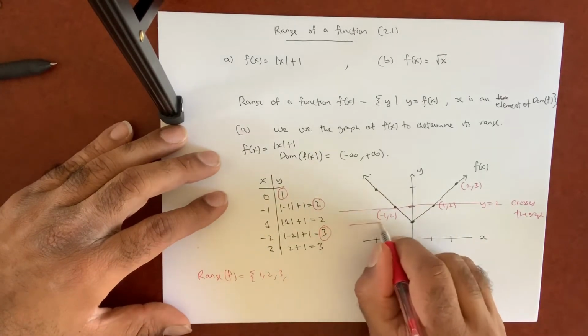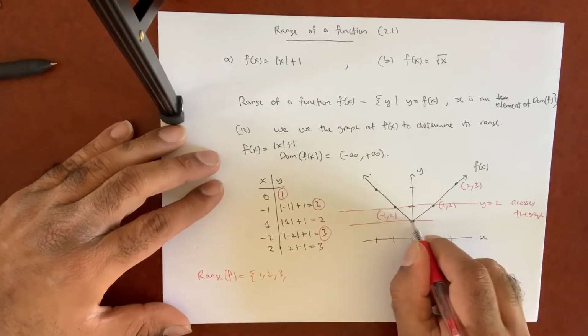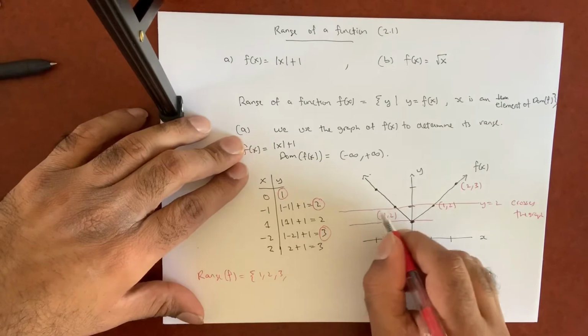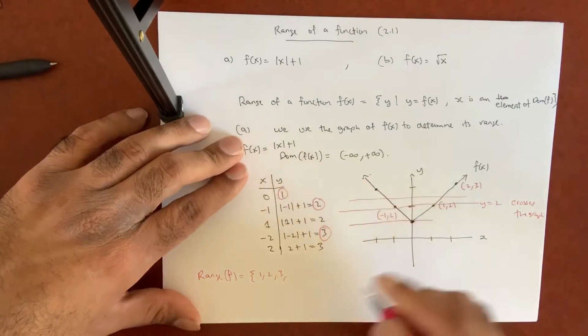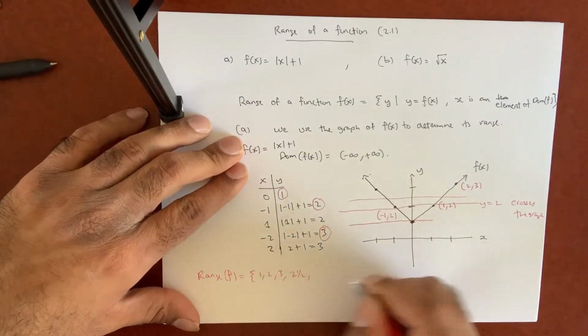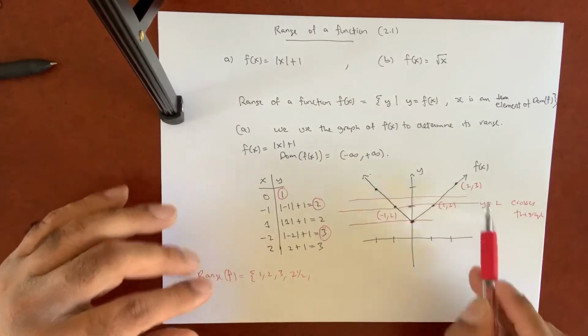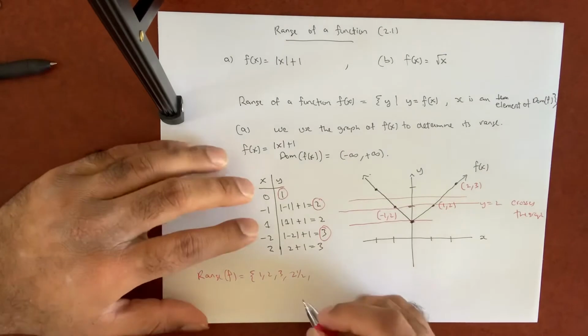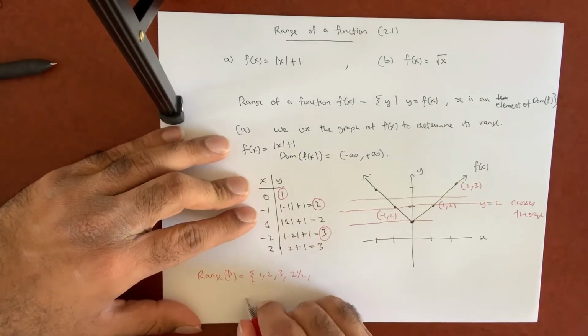The line y equals 1 also crosses the graph right at that base point right there. Or any point in between also, like if I put in 2.5, that would cross the graph.